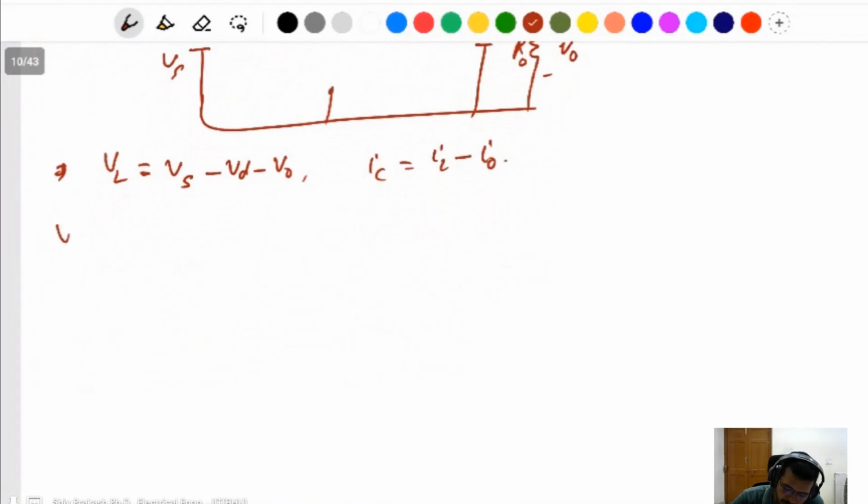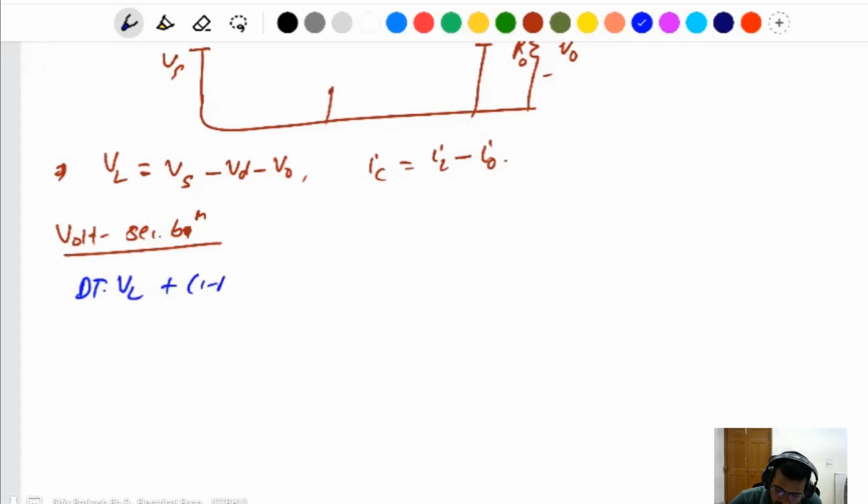Then apply the volt-second balance equation on the inductor. It means D times VL during the on time plus the off time times VL, over the total time, is equal to 0, since the average voltage of the inductor is 0.